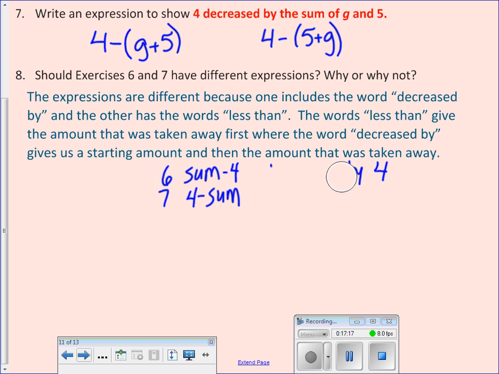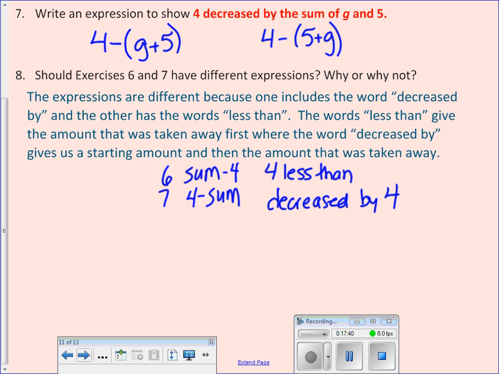Oh, I've got that backwards. This is 4 less than, and this was decreased by 4. Okay? So watch those cue words and make sure you have them correct. Don't let them trick you.